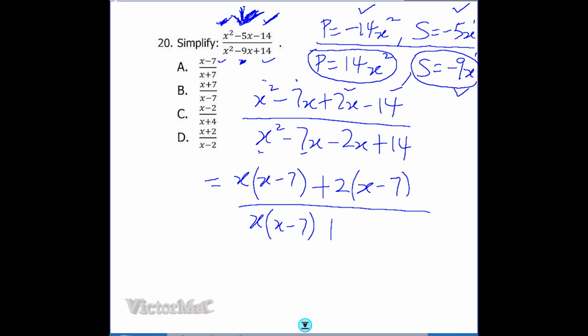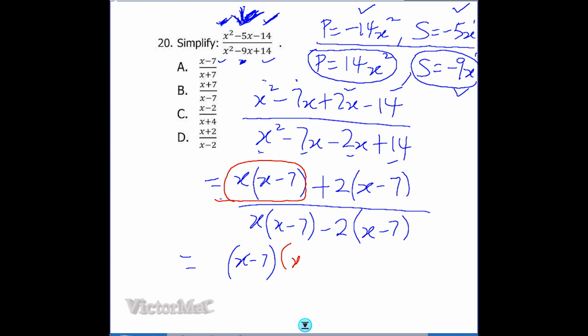Sorry, the HCF here will be minus 2. Dividing each of the last 2 terms by minus 2, we have x and then minus 7. Alright, for the numerator, x minus 7 is the HCF. Dividing the first term by x minus 7, we have x. Dividing the other term by x minus 7, we have plus 2.